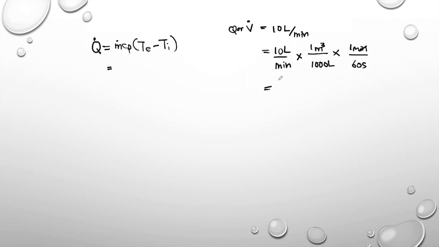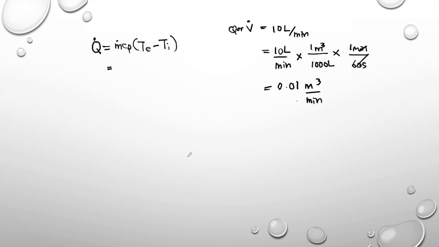I will remain it as cubic meters per minute, so we have 0.01 cubic meters per minute. This is the volumetric flow rate of your question.